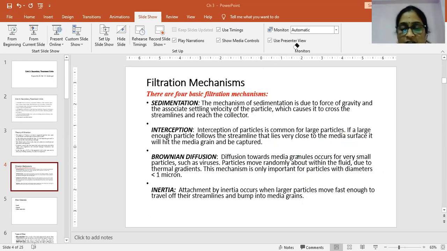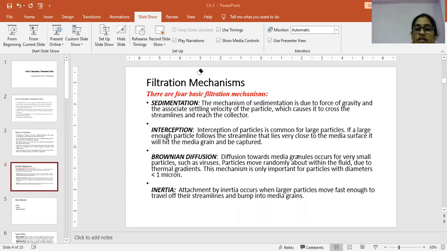Then inertia. Attachment by inertia occurs when large particles move fast enough to travel off their streamlines and bump into media grains. The same action is performed here.